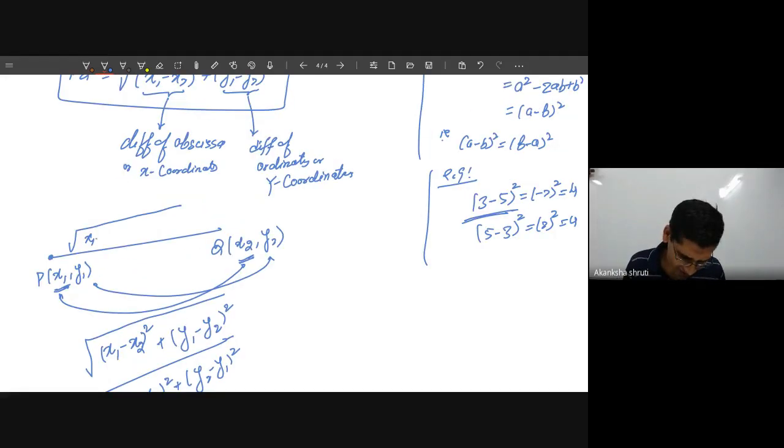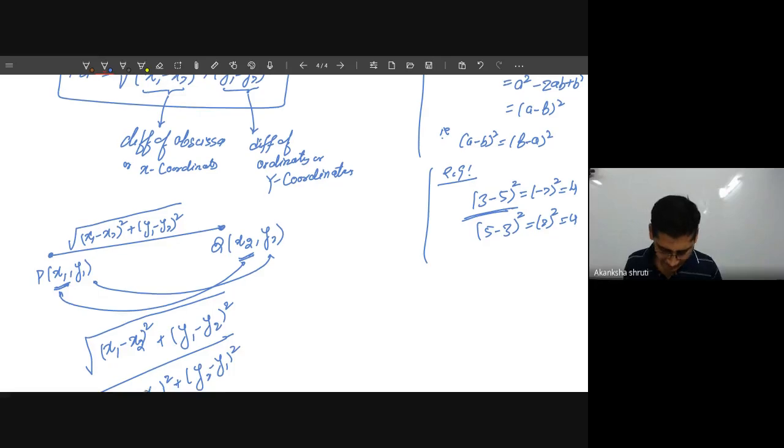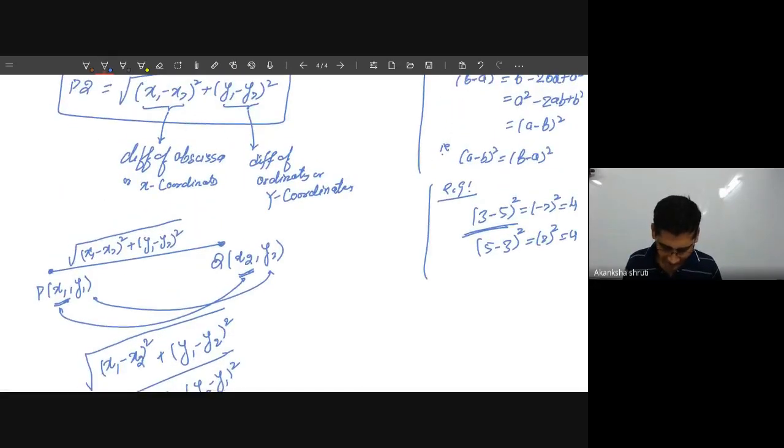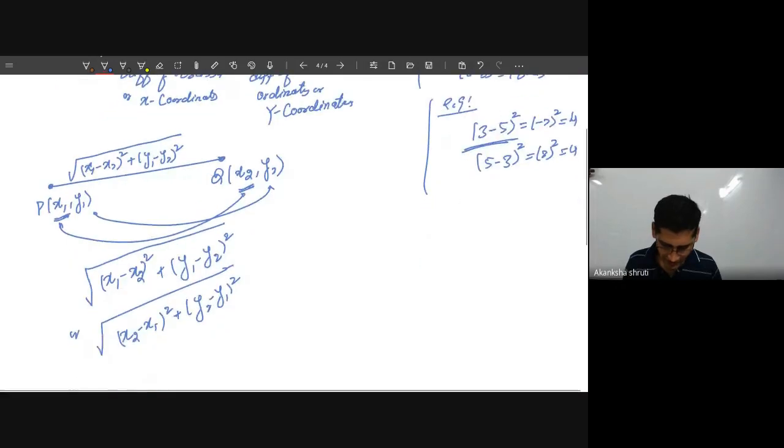Okay, so x1 minus x2 square plus y1 minus y2 square. So this is how we can calculate distance between P and Q without actually plotting the points in the coordinate axis, just by taking the difference of their x coordinate, difference of their y coordinate, taking their root. So this is our PQ.